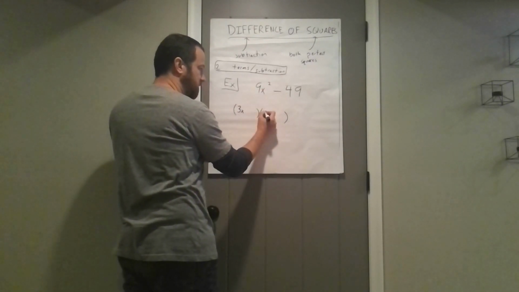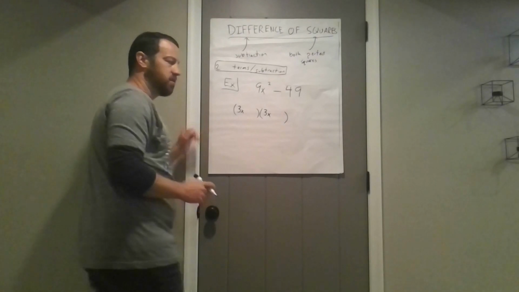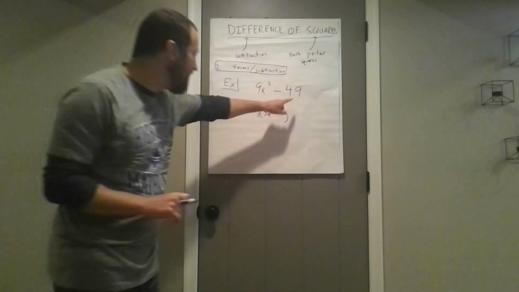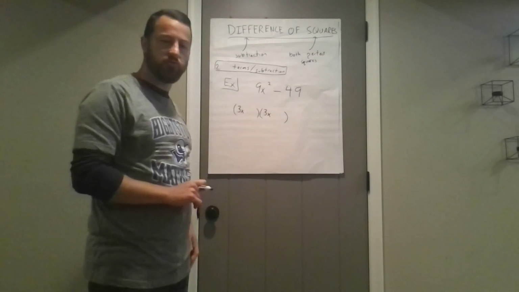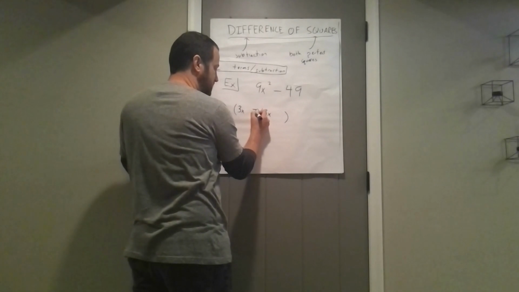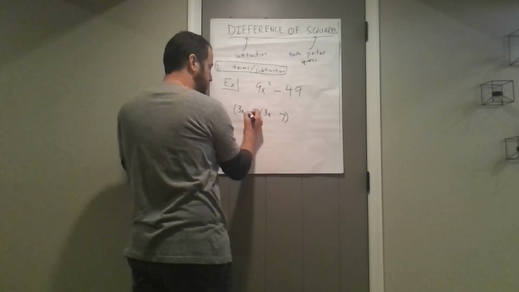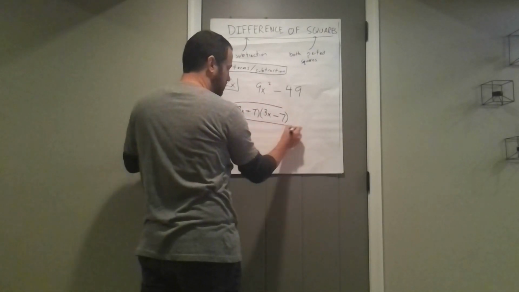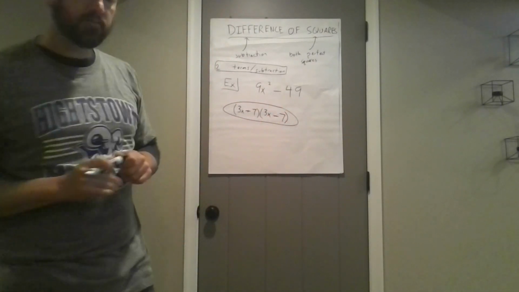And 3x is going to be the beginning of both of these. And then, what's the square root of that? Square root of 49 is 7. That's going to be our second part of both parentheses. One of them is going to be plus. One of them is going to be minus.